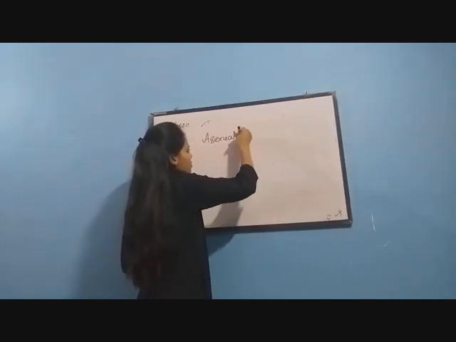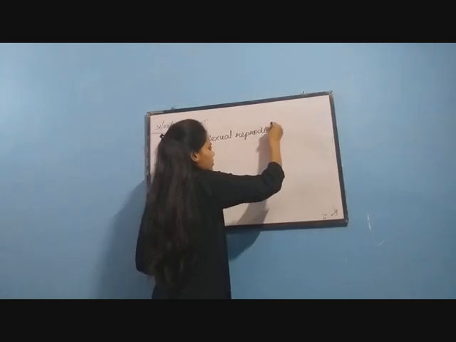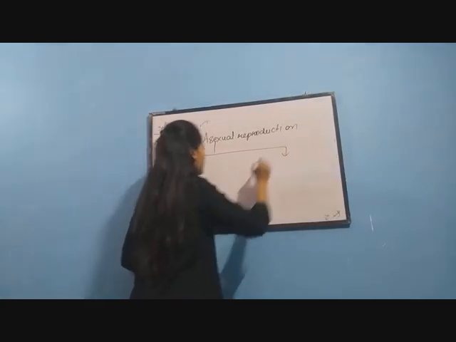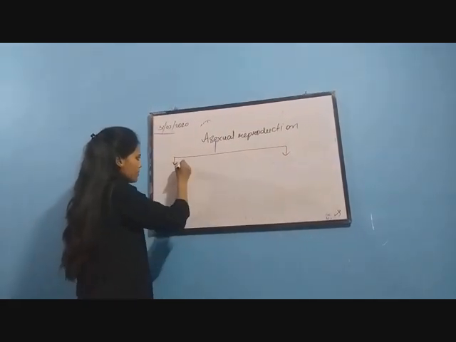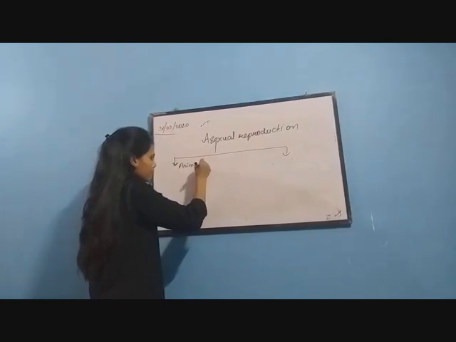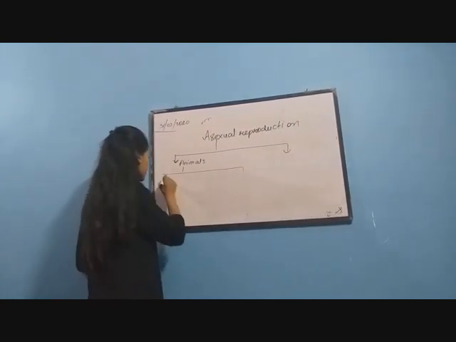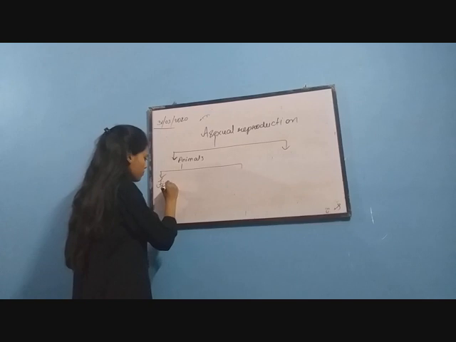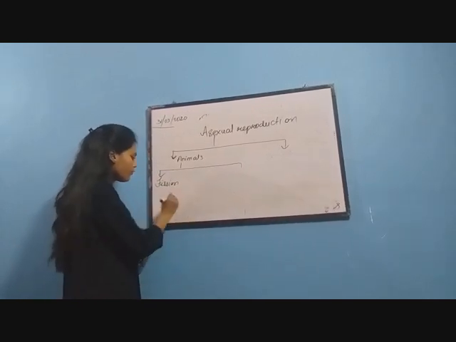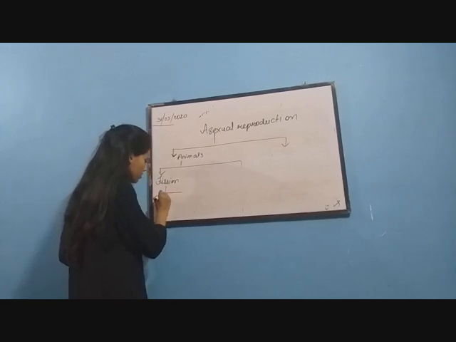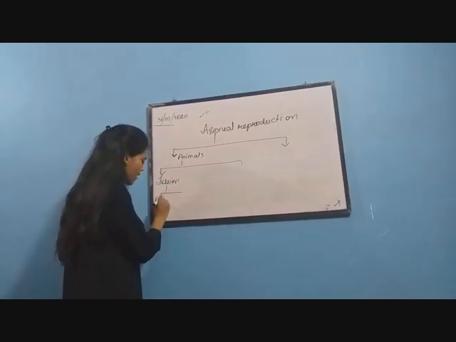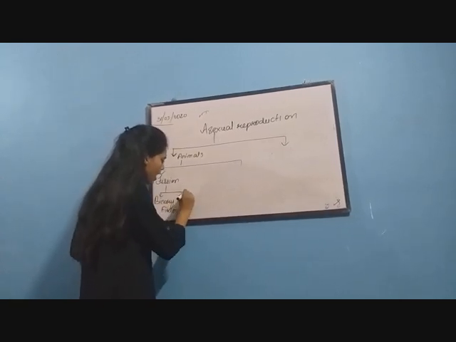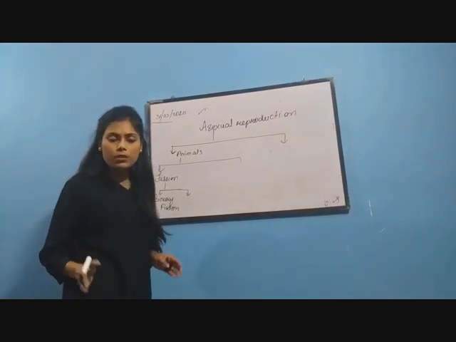In the case of animals, it is subdivided into fission. Fission can also be of two types, that is binary fission and multiple fission.